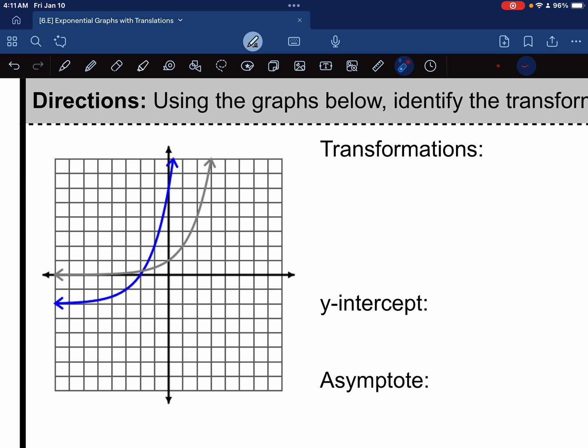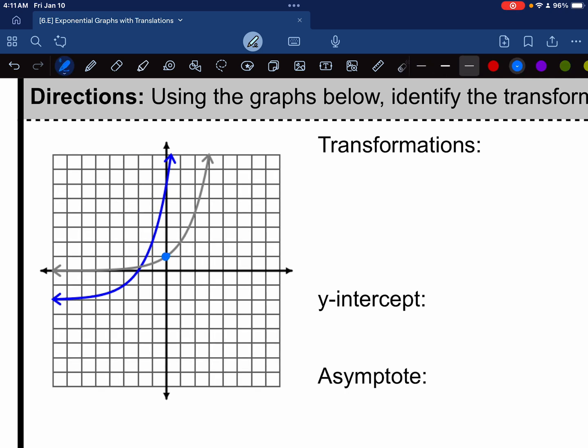So what I tend to do is I look at the curve and I'm looking for an anchor point. So, I want to use red. On this parent function, if I'm looking for the middle of this curve, the middle of the curve is about right here.